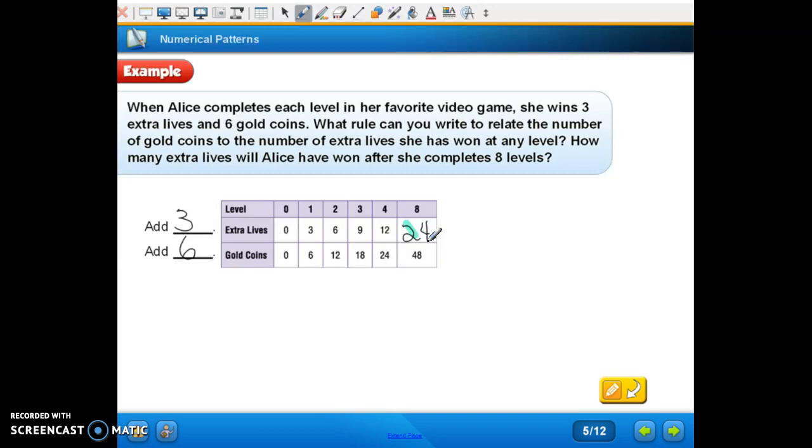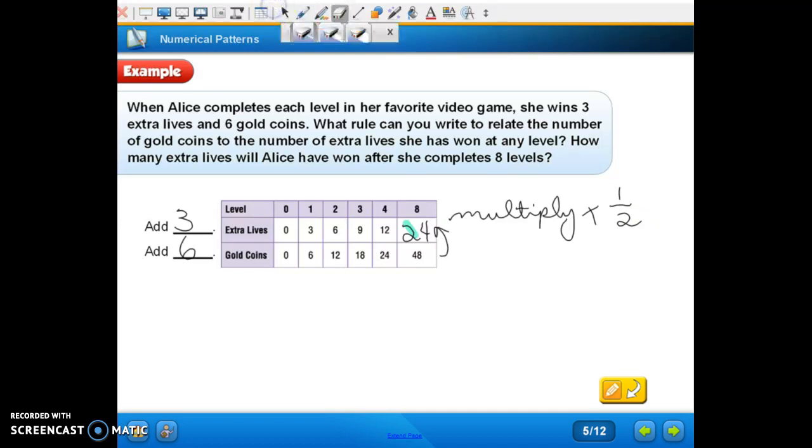Now out to the side, we can multiply by what? To get from here to here, what would we multiply that by? 2? No, not 2. If I multiply 48 by 2... Right, we can multiply it by 1/2.